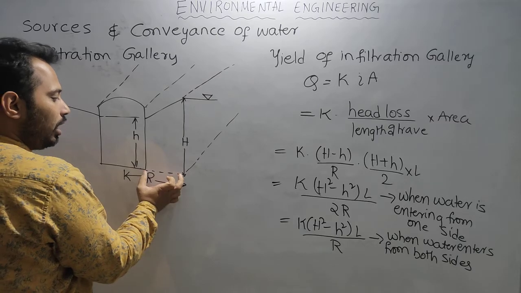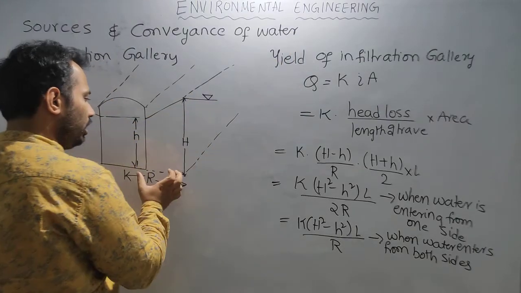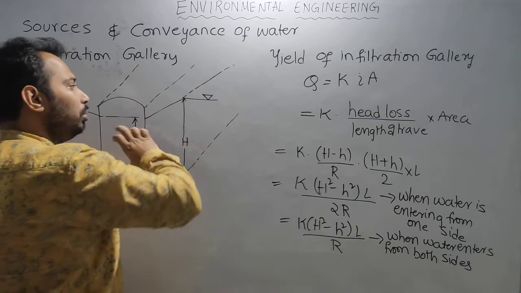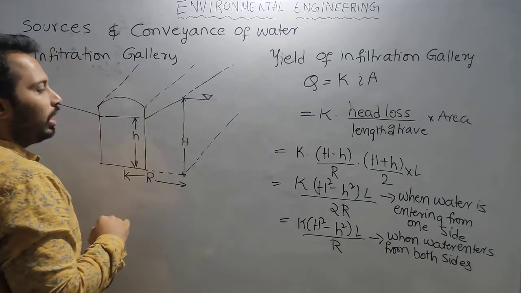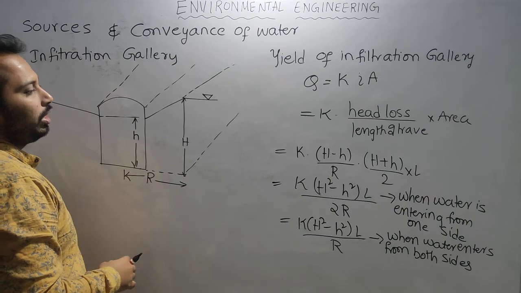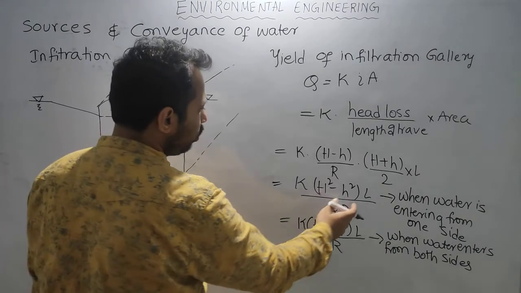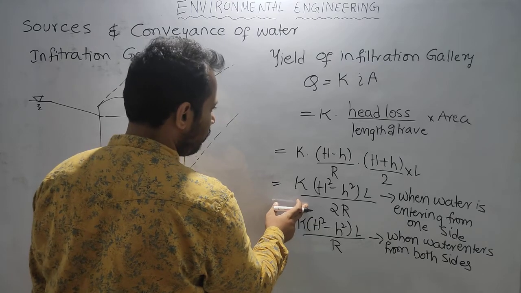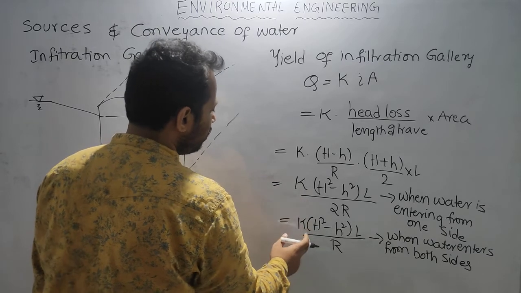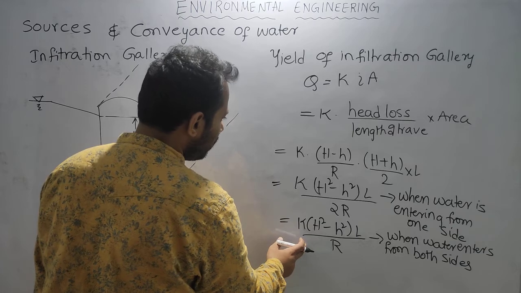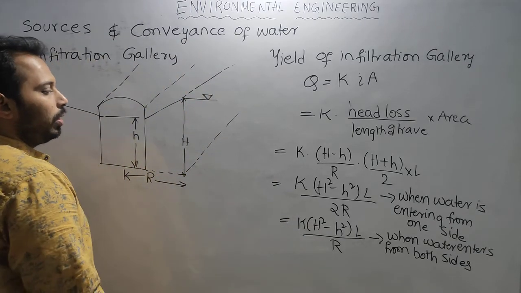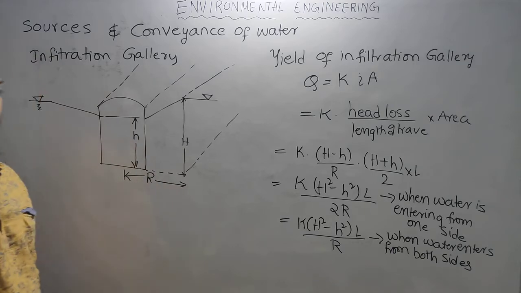So this area into length, (H1 plus H2) by 2 into the length, then you will get the total area of this infiltration gallery. By doing that, we get the yield when water is entering from one side. If you multiply it with 2, you get the formula for the yield of the infiltration gallery when it is coming from either side.